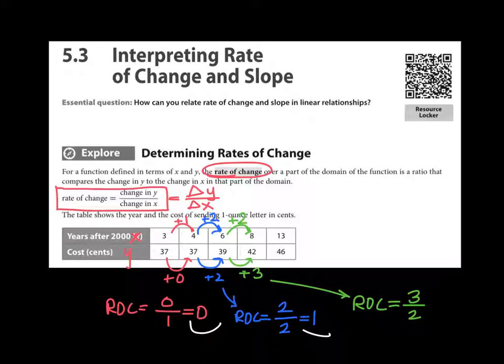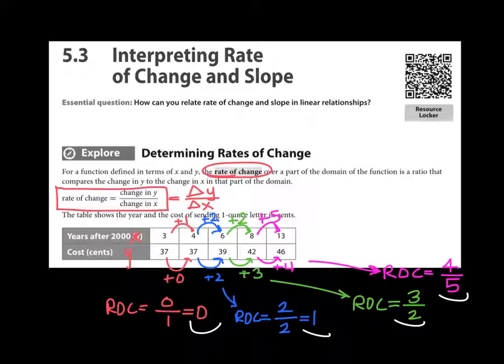Last one. And this one, on my x, I'm going up 5. And my y, I'm going up 4. So my last rate of change is the change in y, which is 4, over the change in x, which is 5. Again, like I mentioned before, these are all different.